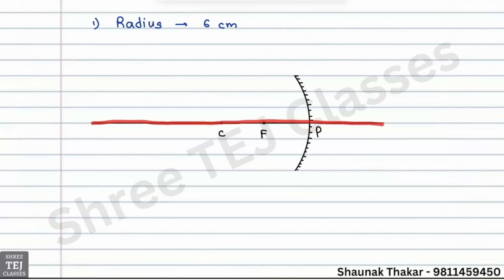Once you draw the principal axis, mark out point C, which, if you recall, is the center of curvature. Now, with the 6 centimeter length in your geometric compass, place the metallic end on C and draw an arc. When you draw the arc, you should draw 3 lines above the principal axis and 3 lines below the principal axis. So the total height of your mirror will be equal to 6 lines in your notebook.